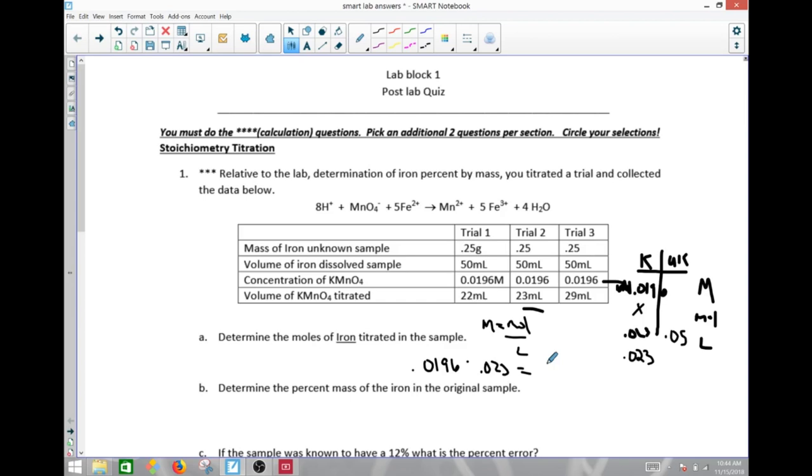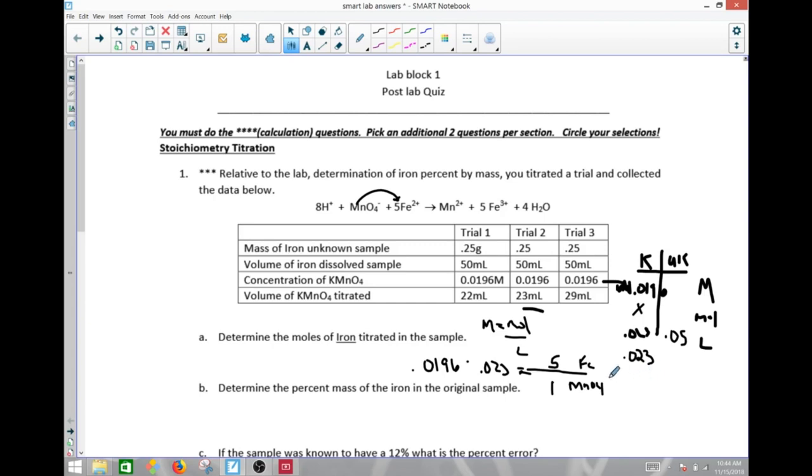I'm going to do one more step here before I give an answer. I'm going to do a dot line, get rid of the moles of MnO4 and go to the moles of iron. It's jumping from here to here, doesn't matter. 1 to 5 ratio.